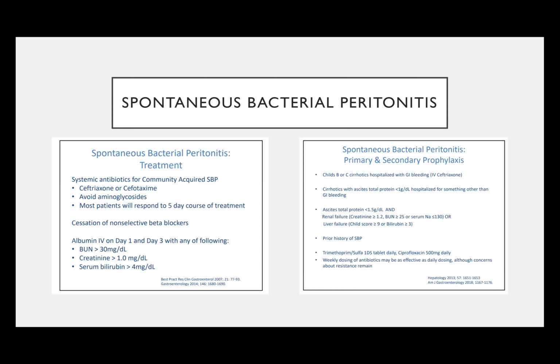Let's say they don't come in with GI bleeds, but they come in with something else. And with encephalopathic patients, we usually will put them on antibiotics. And let's say you do the tap and you don't see that they have SBP, but if their total protein is less than a certain number, that is still an indication to keep them on prophylactic antibiotics.